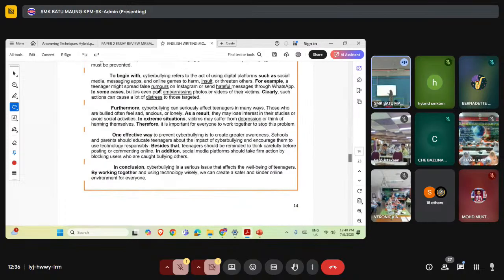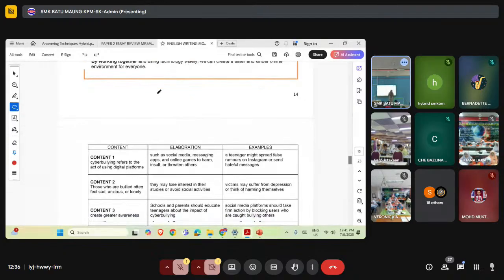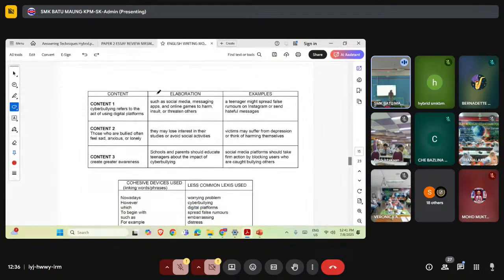All right. Please look at the sample essays so that you can get ideas of how to write content points, followed by supporting details with examples. That is where you get complex structure and compound.